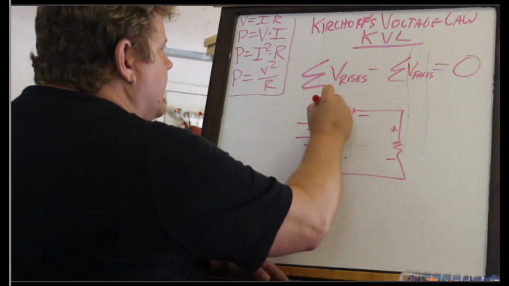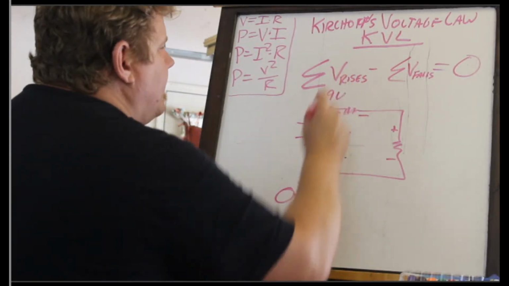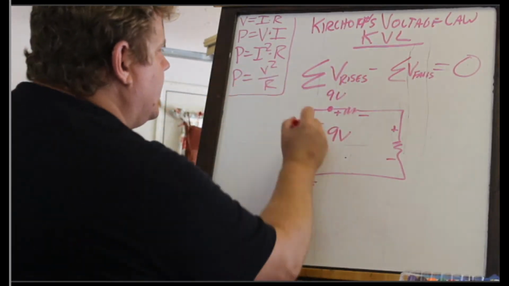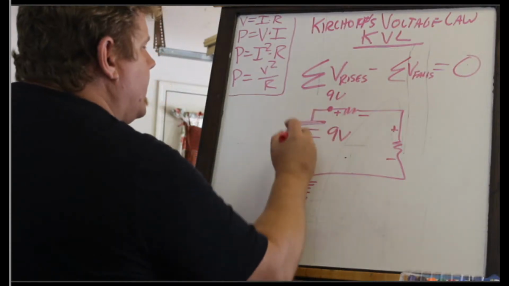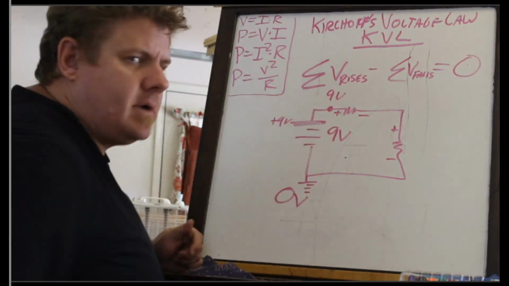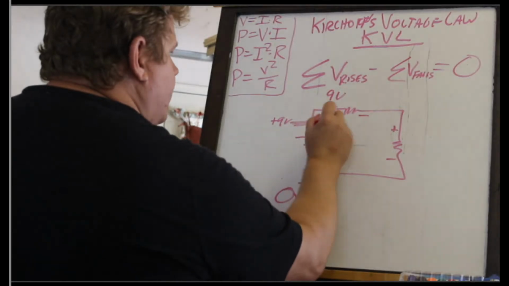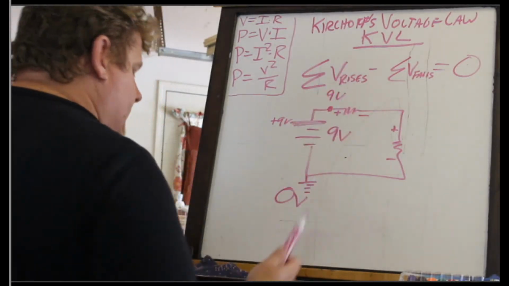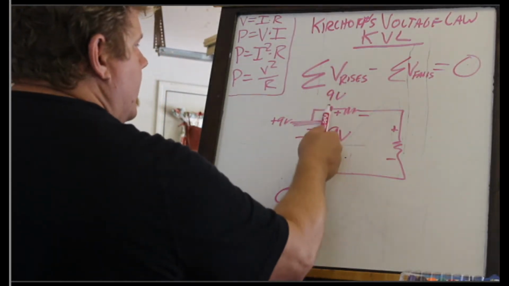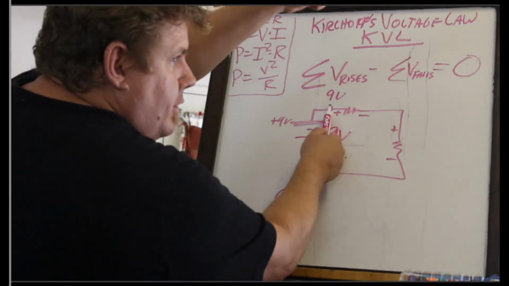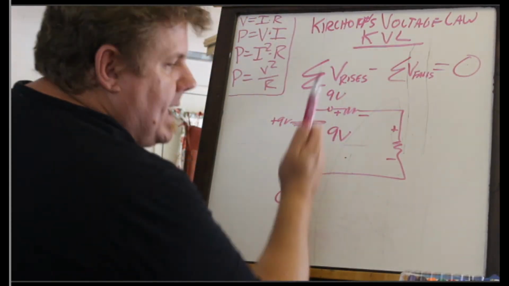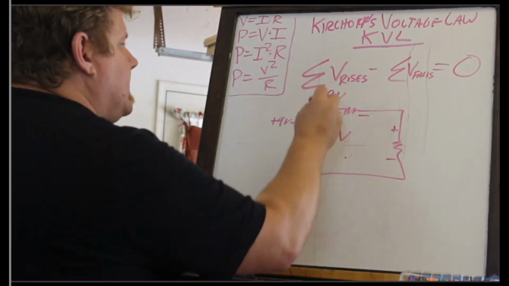This node voltage is 9 volts because it's directly connected to this 9 volt terminal here. That's positive 9 volts on that terminal. That means this node voltage, if you were to put your black probe on this node and you were to put this probe on ground, you would measure 9 volts, okay? So that's what it means to have a node voltage.